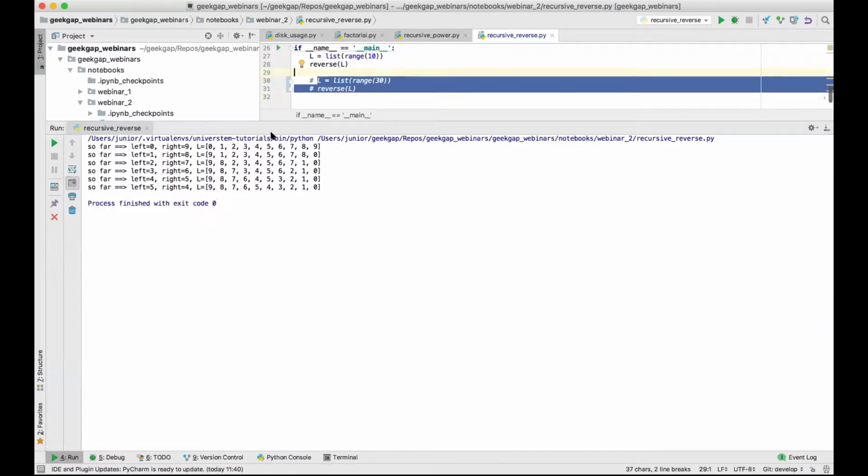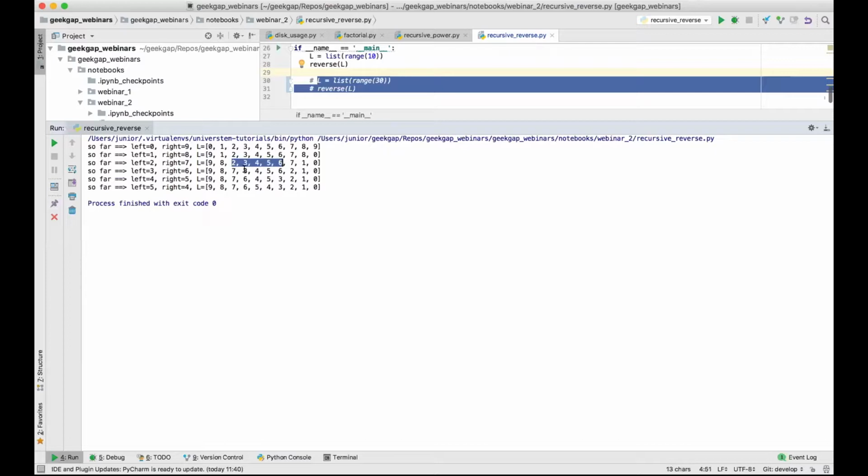All right, so you see, at the very beginning, this is left and this is right. We swap. In order to solve this guy, we first need to swap these two, right? And this is what is happening here. And in order to solve this guy, we first need to swap this guy.